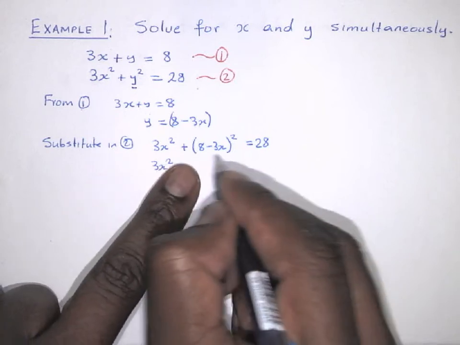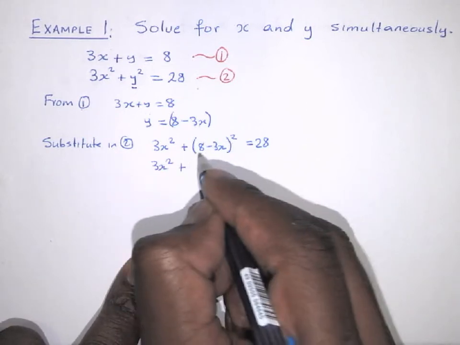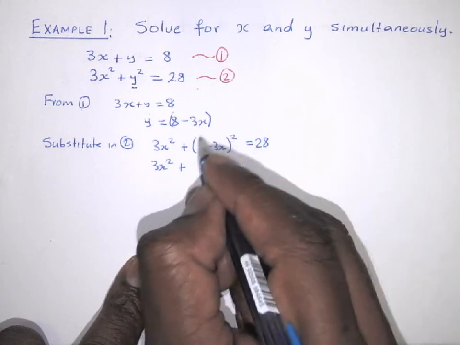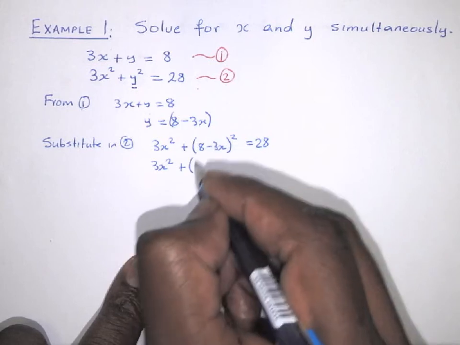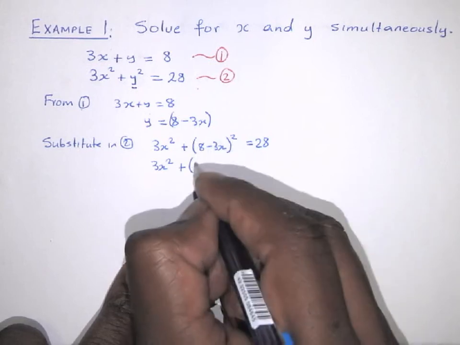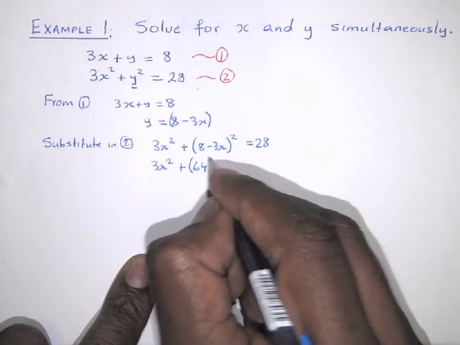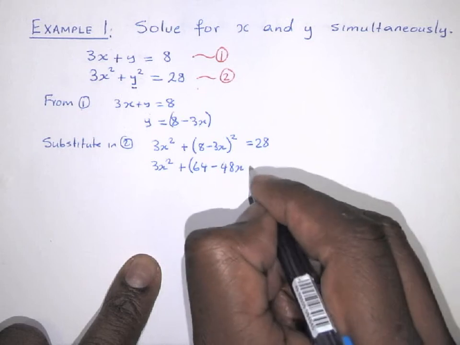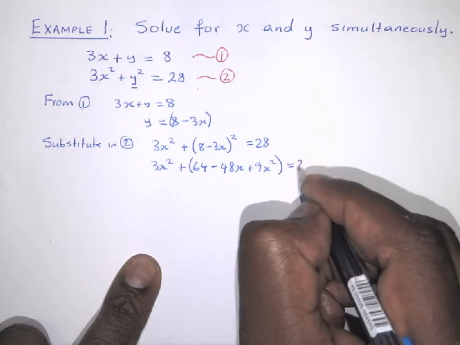Now when you're simplifying this, remember that these are two brackets. So it's the answer when you multiply out 8 minus 3x with 8 minus 3x. If I multiply out here, I'll get 64, then minus 48x, and then plus 9x squared, which is equal to 28.